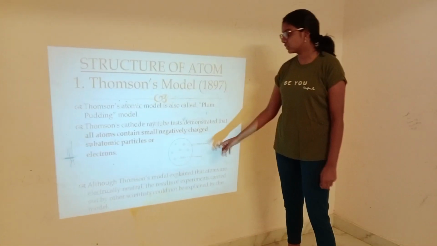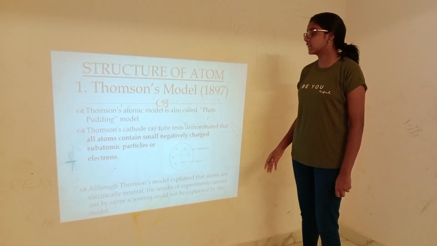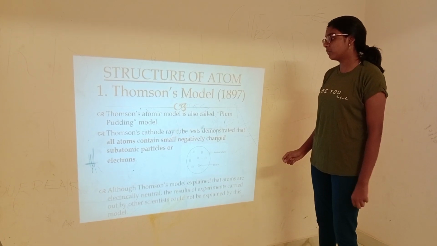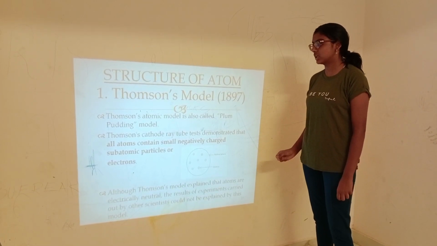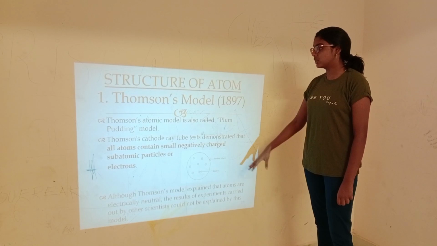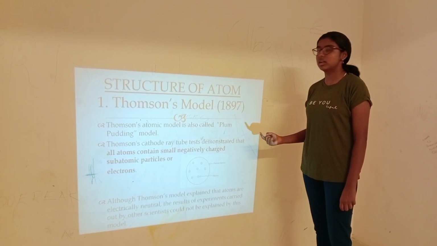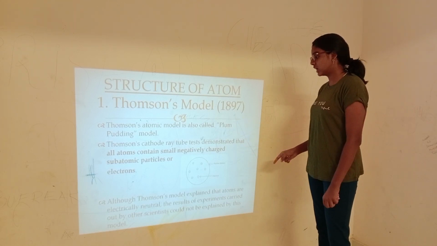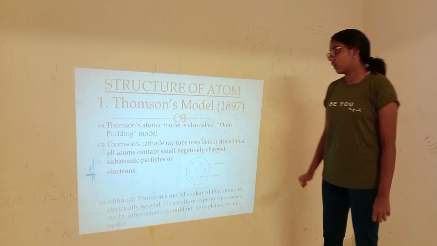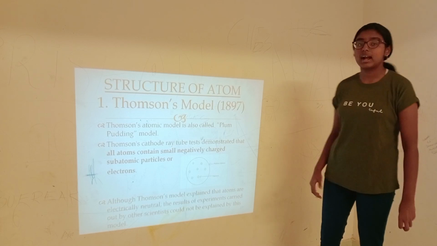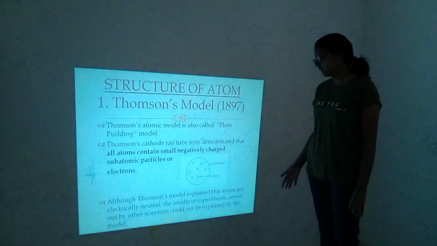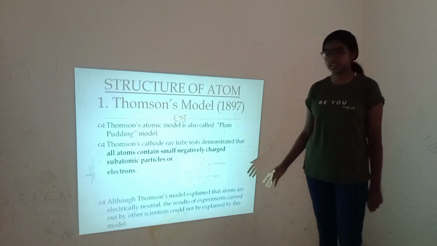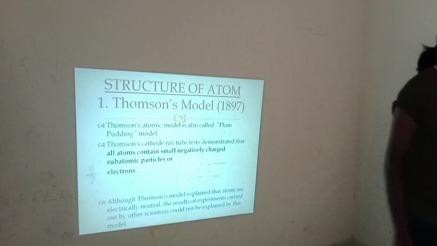Thomson's cathode ray tube test demonstrated that all atoms contain small negatively charged subatomic particles, or electrons, which means that due to Thomson's model, we got the discovery of negatively charged electrons. Although Thomson's model explained that atoms are electrically neutral, the results of experiments carried out by other scientists could not be explained by this.